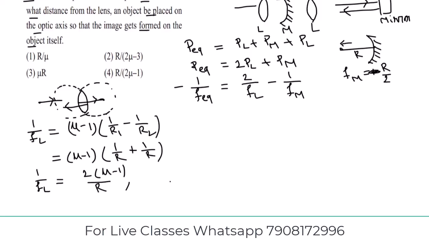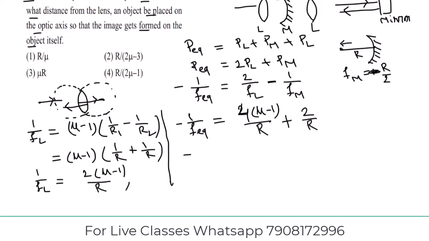Now put the values of fm and fL. Minus 1 by f equivalent is equal to 2 by fL plus 1 by fm, so 1 by f is equal to 2 into 2 (mu minus 1) divided by r, that is 4 (mu minus 1) by r, and this is negative, and fm is minus r by 2, so it becomes positive 2 by r.